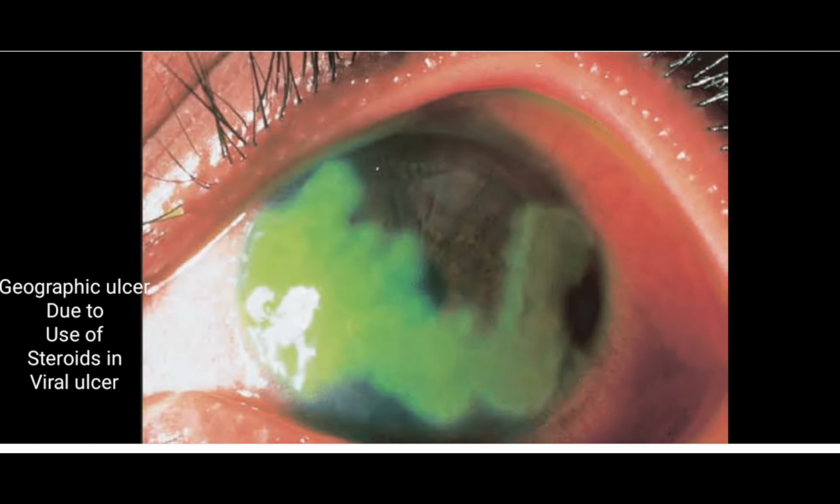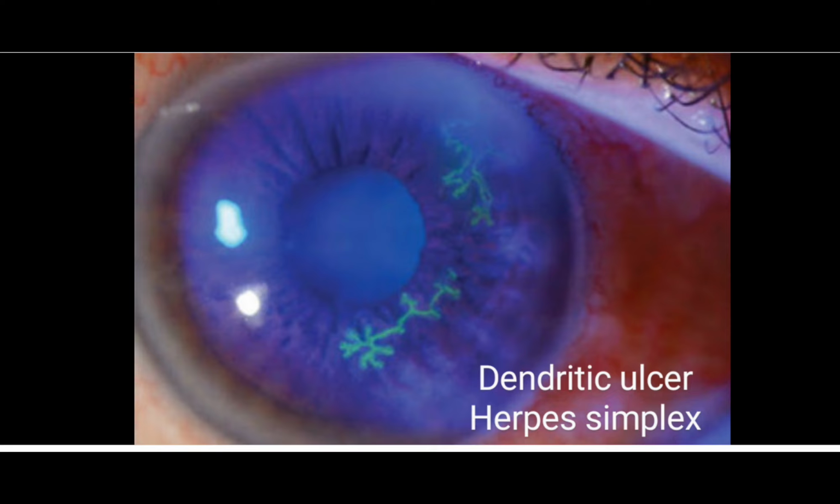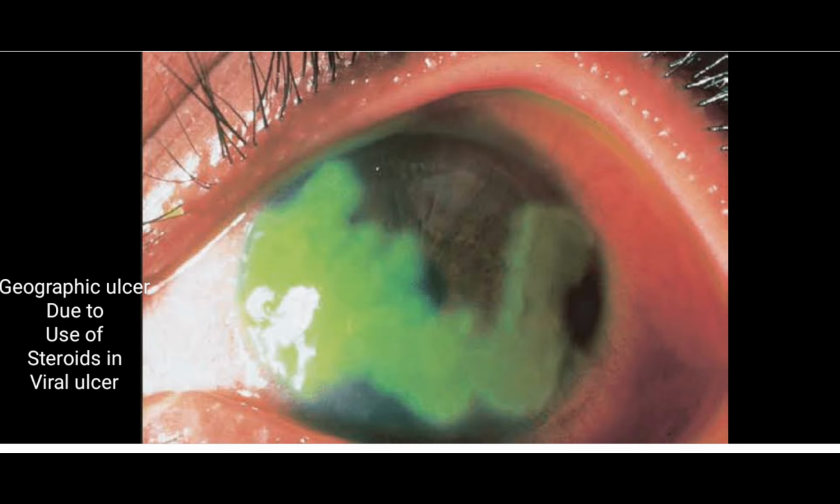And this is a geographic ulcer. Geographic means looking like a map. Steroids should not be used in viral ulcer cases. If we use steroids, this ulcer will be converted into this type. A geographic ulcer is due to the use of steroids in a viral ulcer.